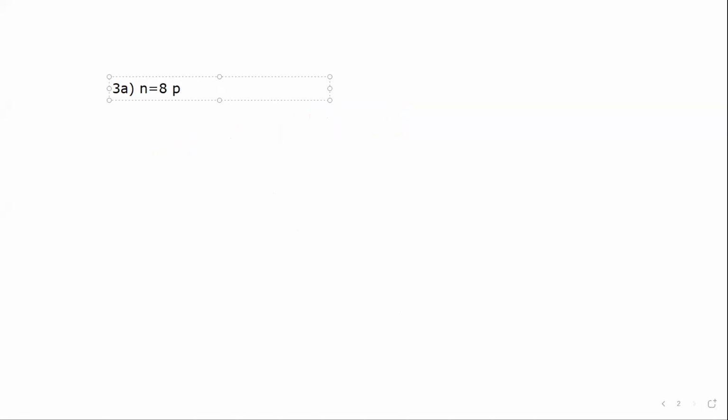We know that P is 0.2 or 0.20. And my X is what changes. So here A says X is at least 1.